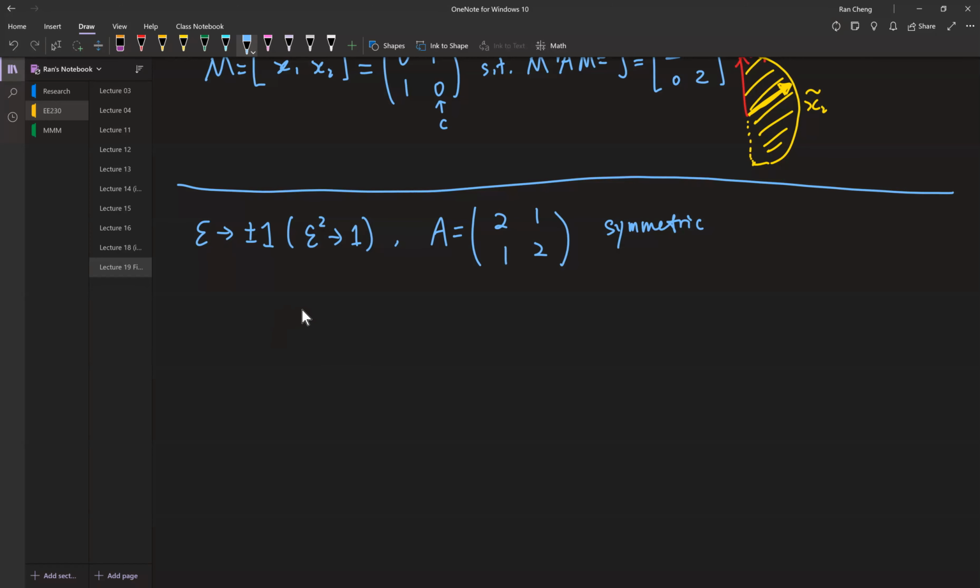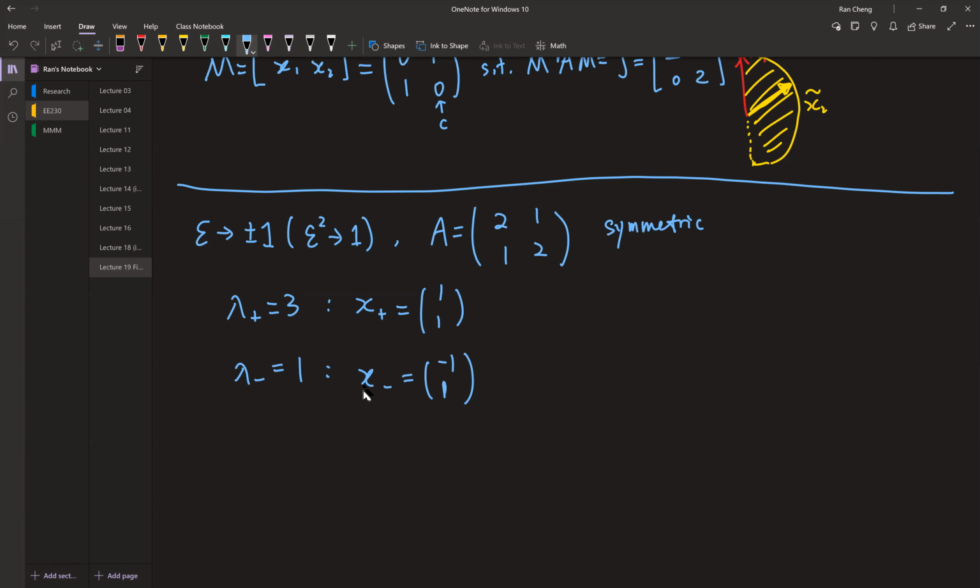Wait a minute. Yeah, right. So at this point, we have two eigenvalues. Lambda plus is 3, and lambda minus is 1. And the corresponding eigenvector x plus is 1, 1, and x minus is minus 1, 1.